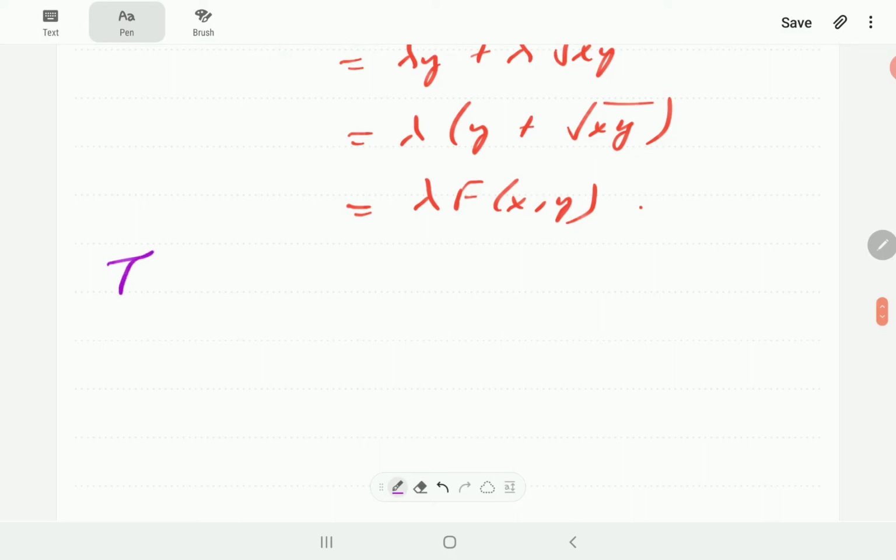So there is a theorem which gives us a connection between the idea of homogeneous functions and ordinary differential equations of the first order.